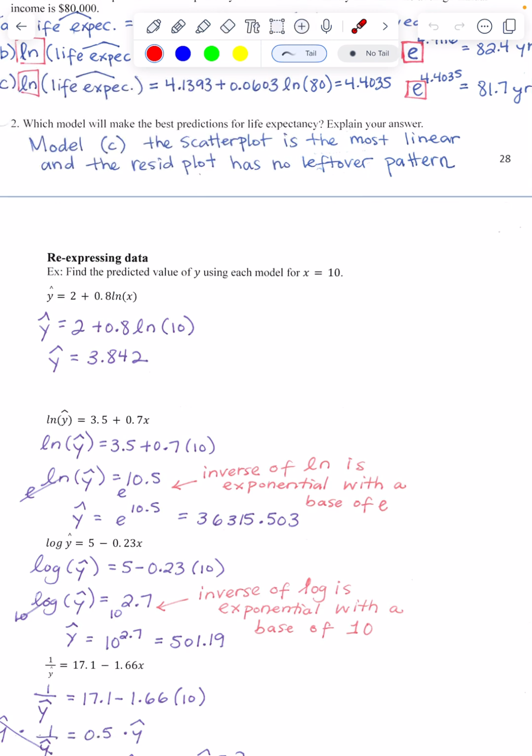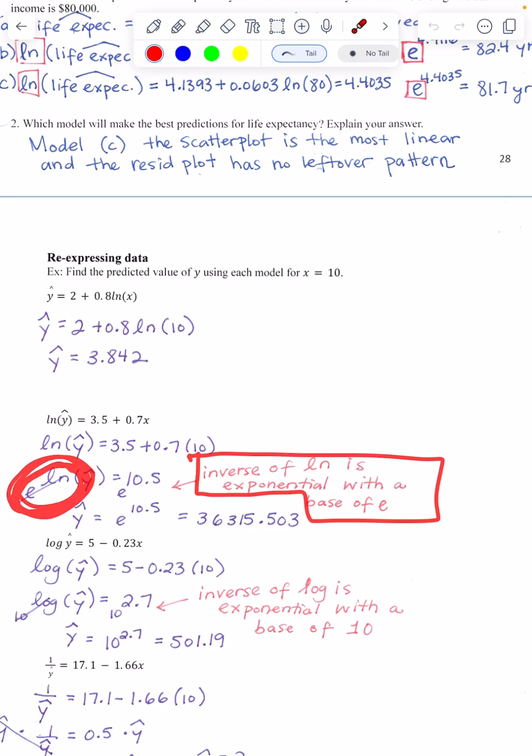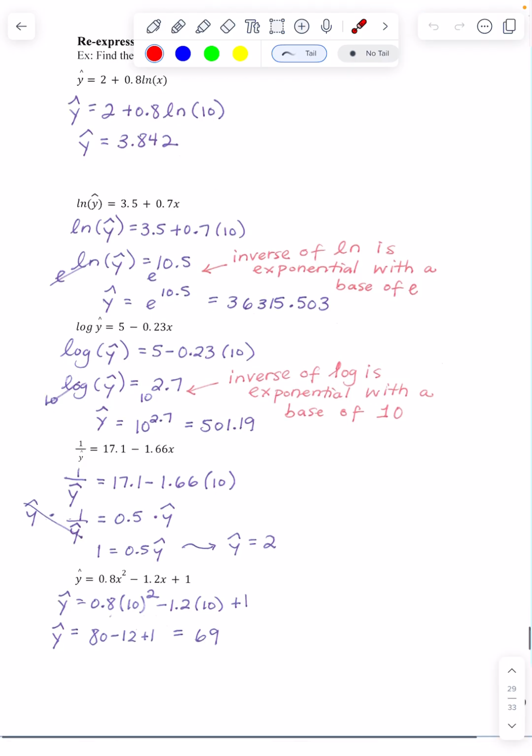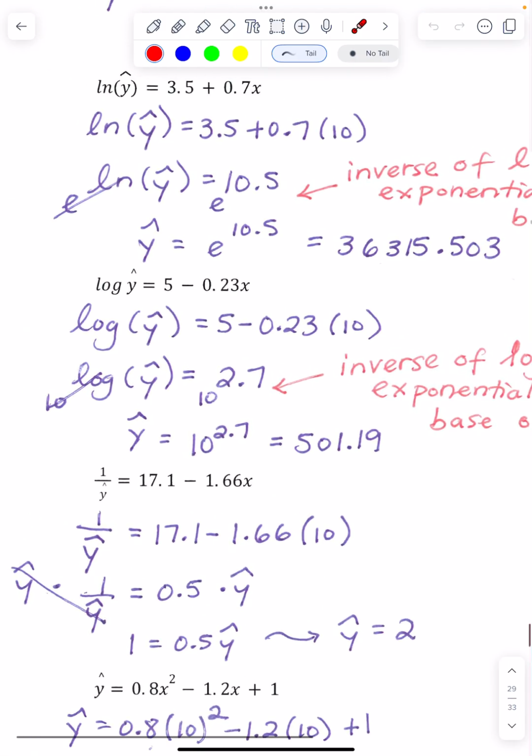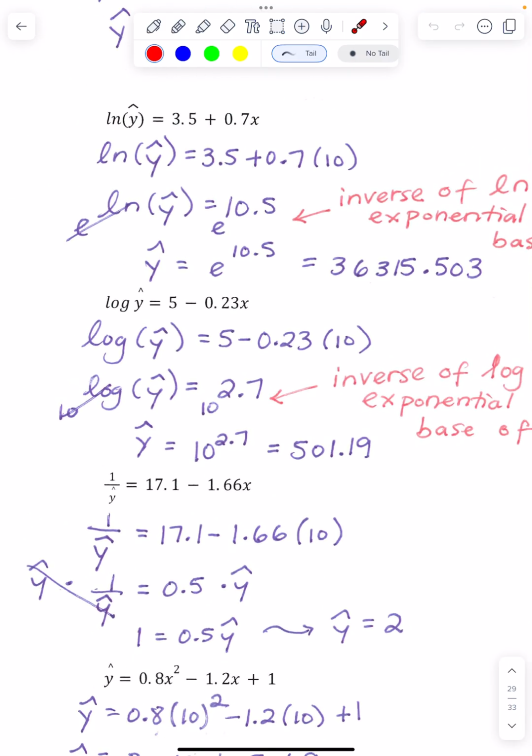So, okay, one thing you need to memorize for the test is that the inverse of natural log is exponential with base e. So natural log and the base e, they're a pair. Speaking of inverses that you need to memorize, the second one we have, instead of the natural log, we have the log. Here, once again, I'm going to plug in my x value of 10.